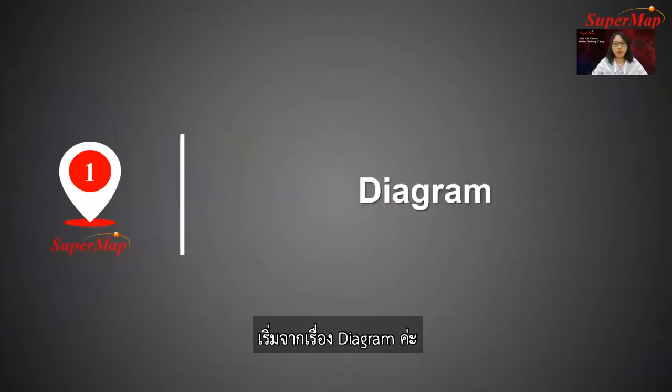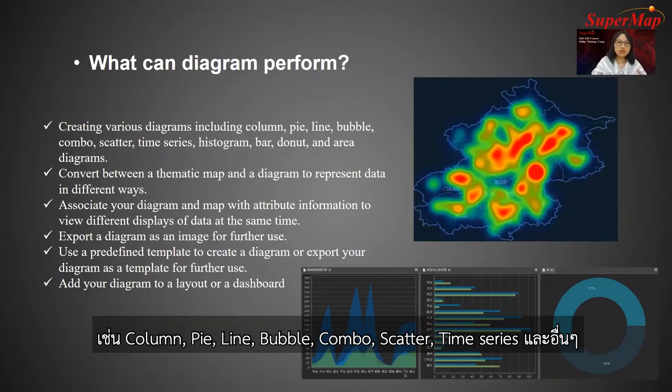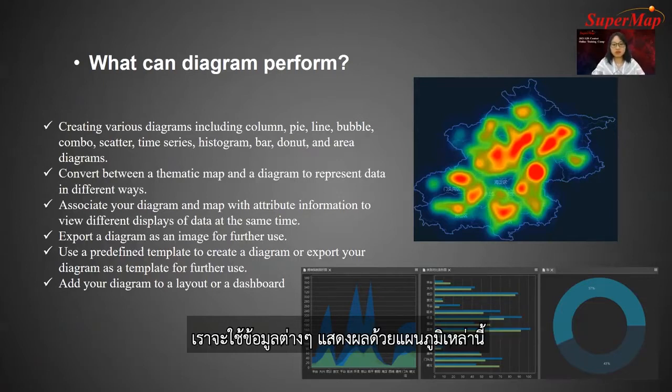Here, the first one I want to introduce is the diagram. The diagram is a method that you often use, just like the column, pie, line, bubble, radar, scatter, time series, and others. We often statistic data this way.